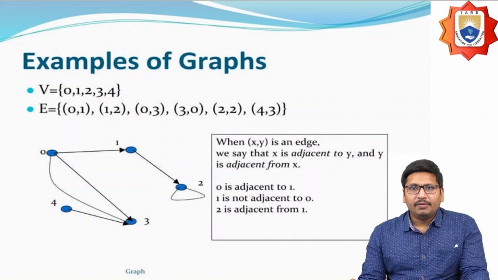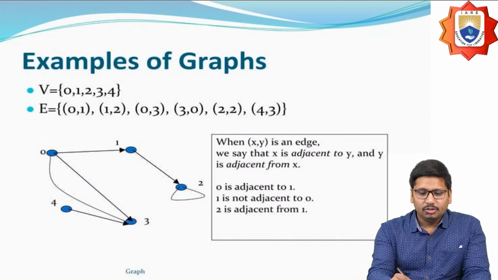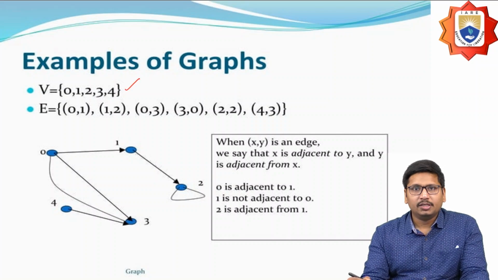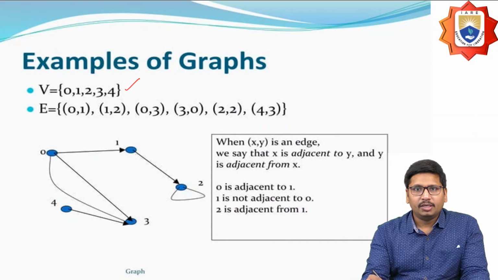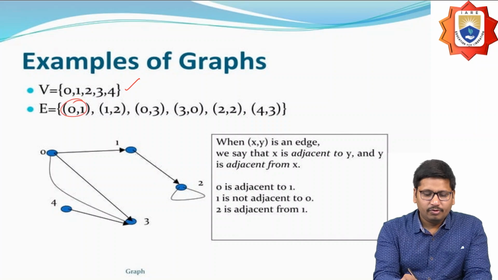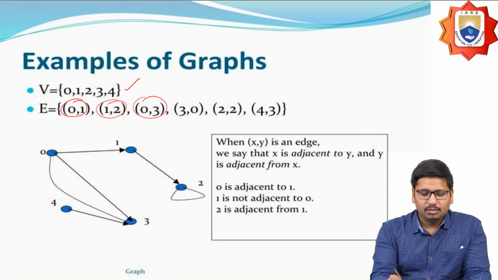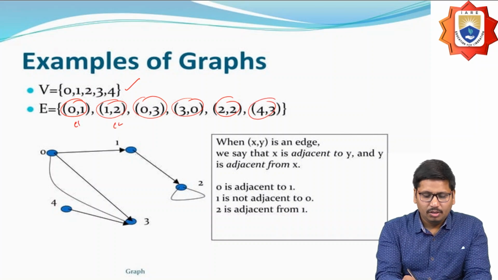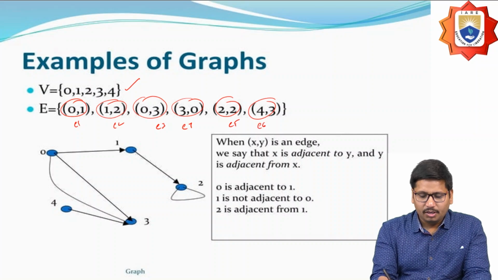So, an example of a graph: 0, 1, 2, 3, 4 is the set of vertices, and E is a set of pairs of vertices, which we call edges here, E1, E2, E3, E4, E5 and E6.